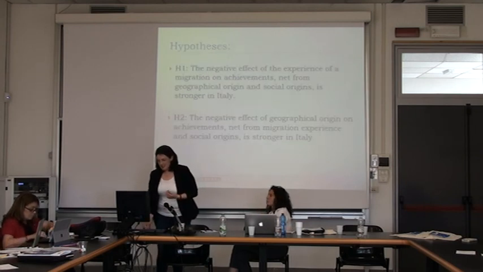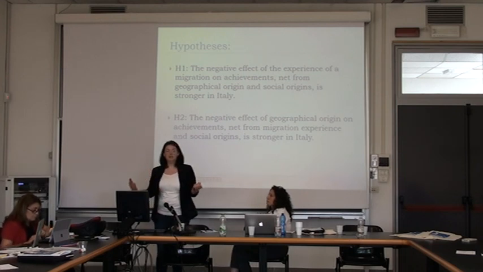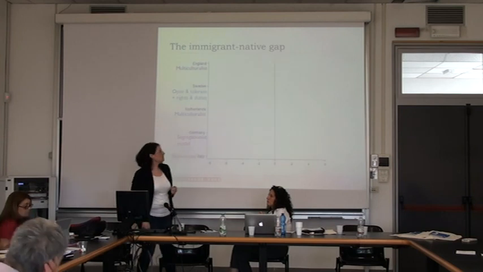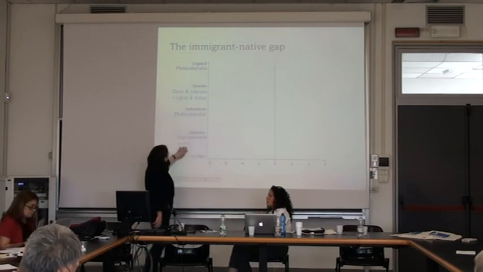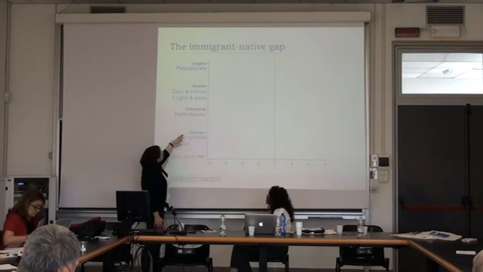I have two hypotheses, and basically both tell us that no matter if I look at the immigrant-native gap or the majority-minority gap, I'm going to see that Italy fares worse. This is our hypothesis. So what we have here are several countries, and each of them has a specific type of model of incorporation.